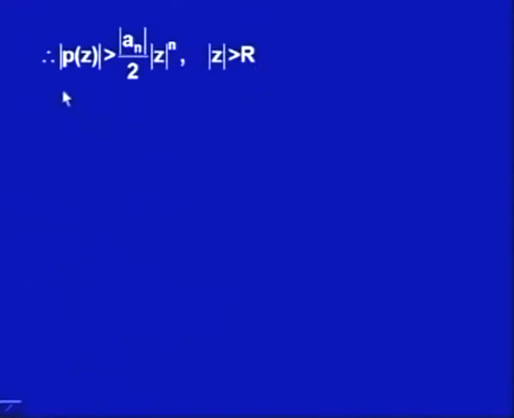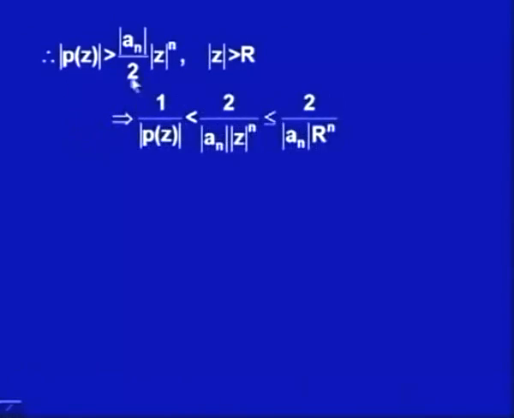Now, suppose P(z) is not 0 for any z in this whole region, then 1/|P(z)| is less than 2/(|a_n| |z|^n). Because |z| is greater than r, it should be 2/(|a_n| r^n).